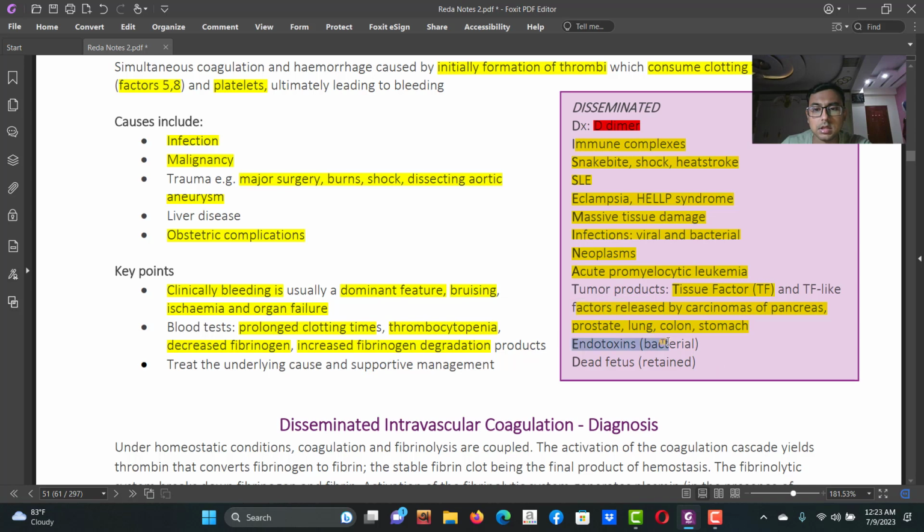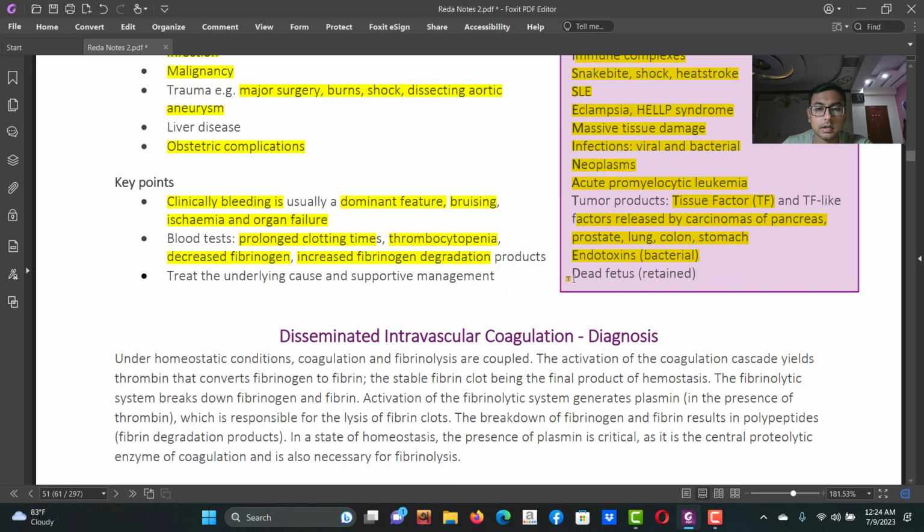Endotoxin, a bacterial chemical signal, that is toxin liberation, can also form coagulopathy. Endotoxin from gram-negative bacteria might cause coagulopathy followed by DIC. Also in case of a retained dead fetus.